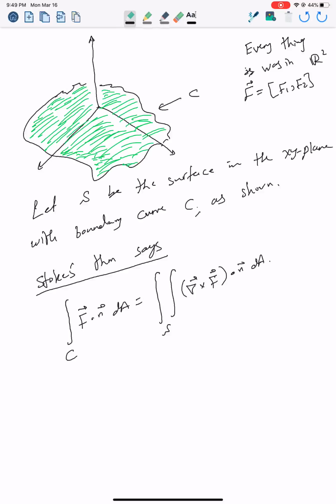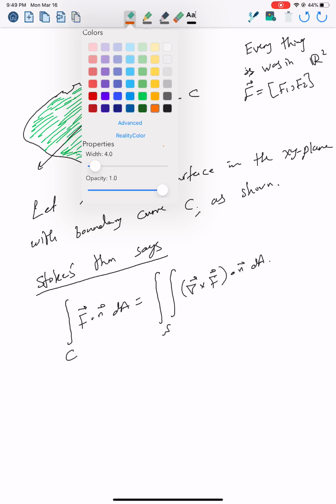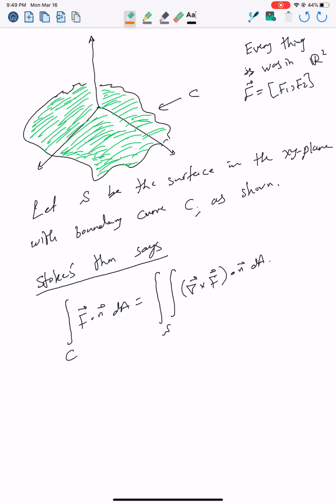But now I'm looking at this function as a function acting on this region. So it's still f1, f2, and the third component is 0. It doesn't have any third value.